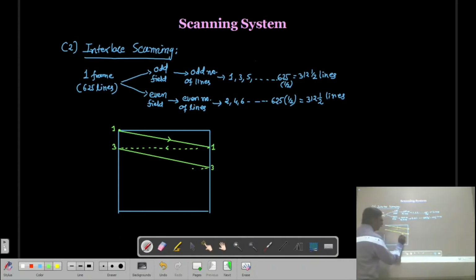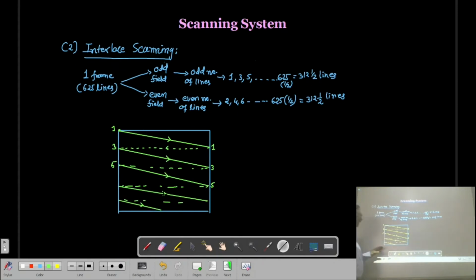After line number 3 is over, it will scan line number 5. And in this way, it goes on scanning the frame. And here, what will be the last line?